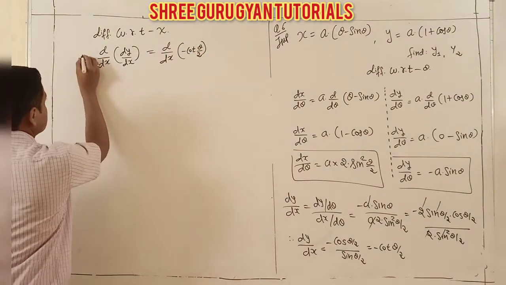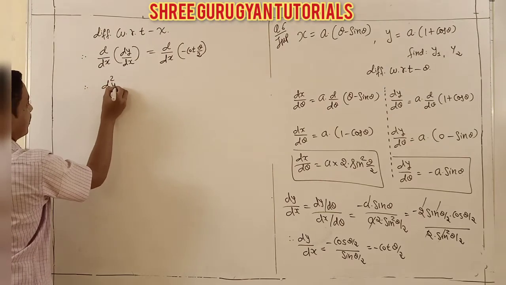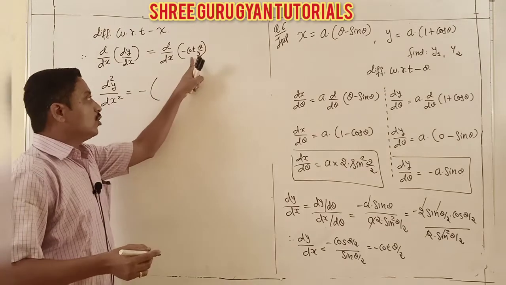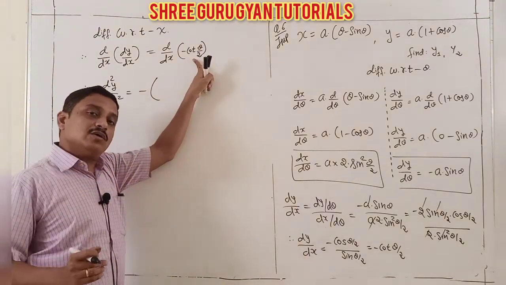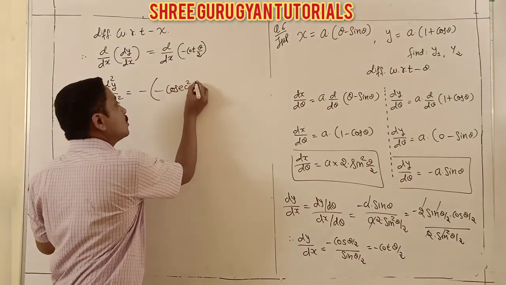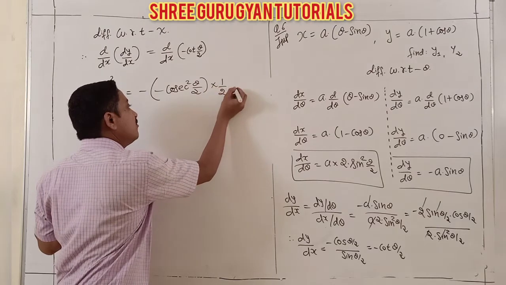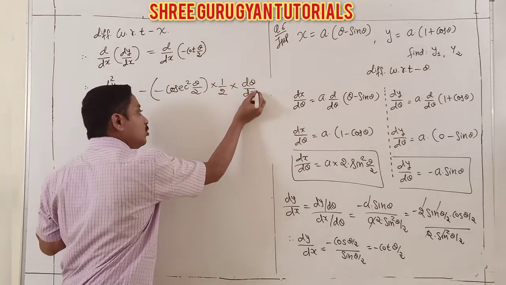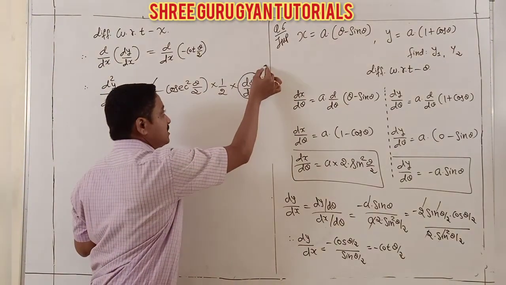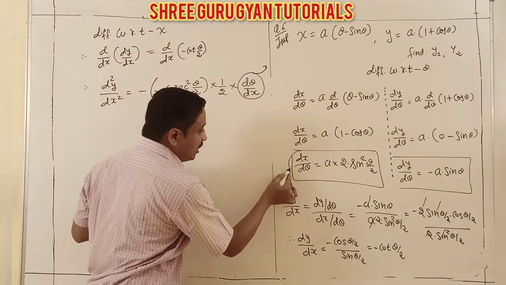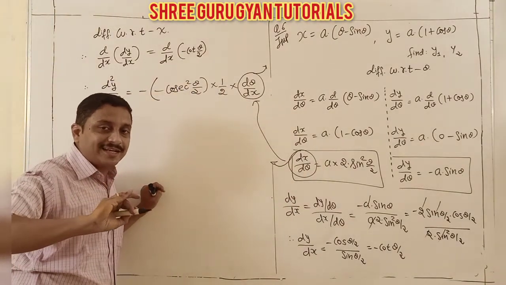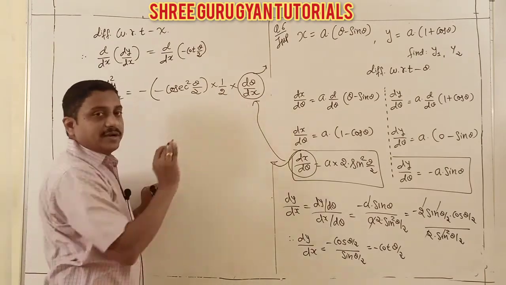Yes. Start the functions one by one, d square y by dx square, minus. Now just tell me what is the cot function derivative. Students, you think out the cot function derivative. Minus cosec square theta by 2 into half, and theta derivative with respect to x, d theta by dx, is as it is. And these I am already doing here. This is joint to the reciprocal of dx by d theta. It is called d theta by dx.